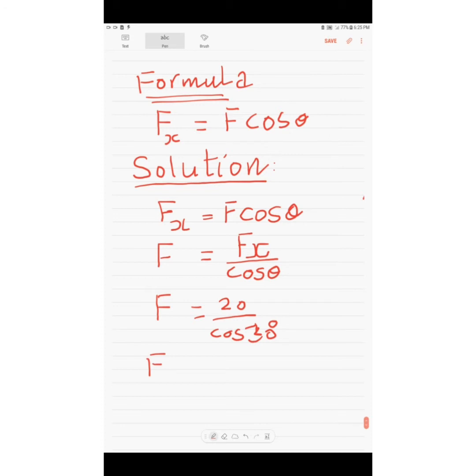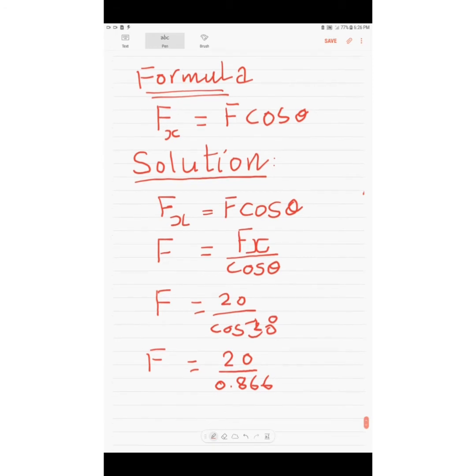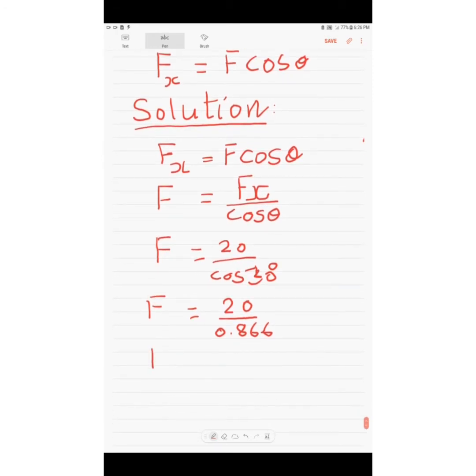F is equal to 20 over 0.866, cos 30 is 0.866. So F is equal to 23.09 Newton, or after rounding off, F is equal to 23.1 Newton.